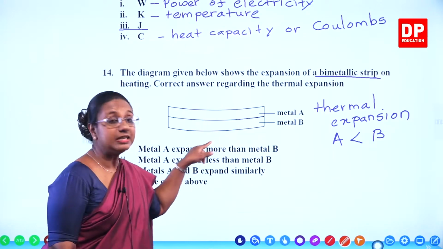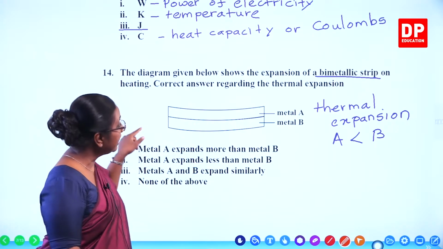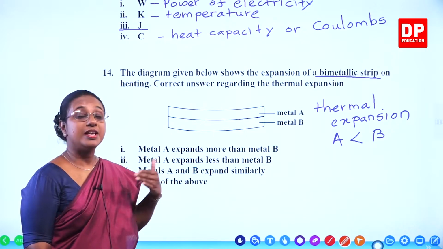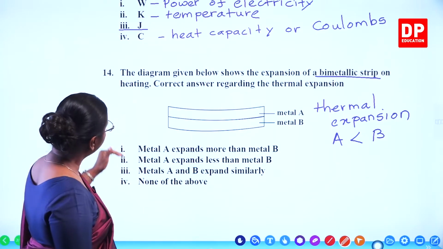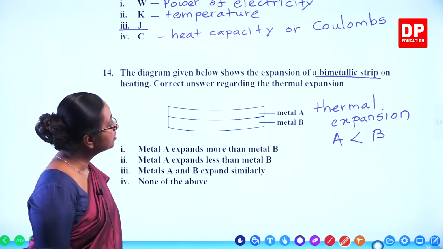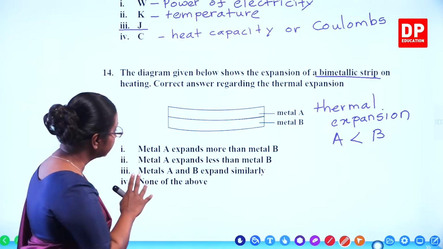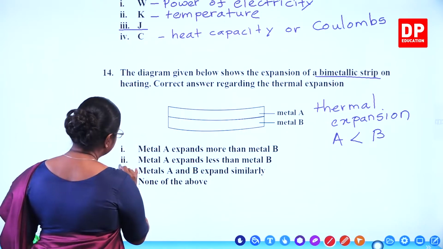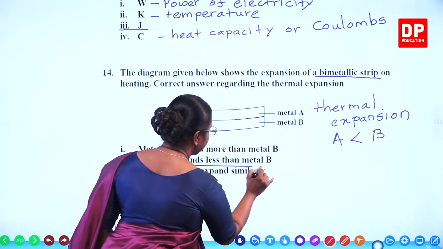B has a higher curvature, which means the length of metal B is more, so expansion is more. Accordingly, if we look at the answers, metal A expands more than metal B. That is incorrect because metal B expands more.